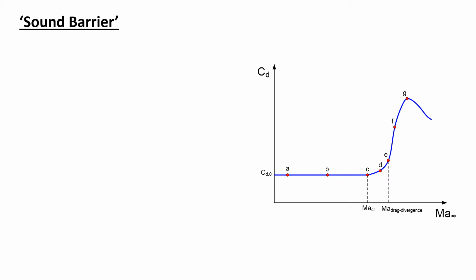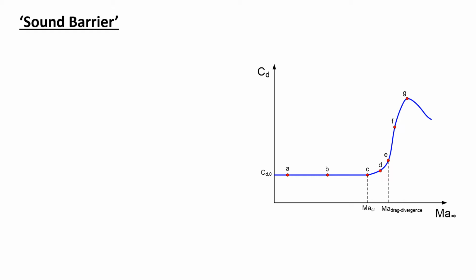So, the sound barrier, we've already briefly seen what it is. Now let's revisit the material, and we've seen this curve of CD versus free stream Mach number. We already know at the critical Mach number, the sonic region starts to build up over the aerofoil, but it's a very small region called a supersonic bubble.